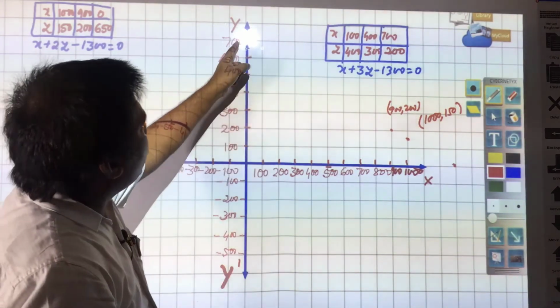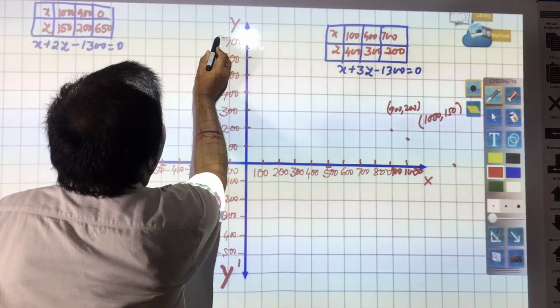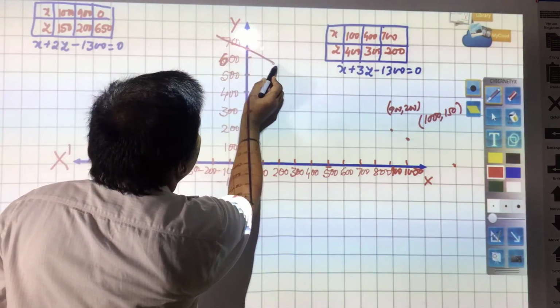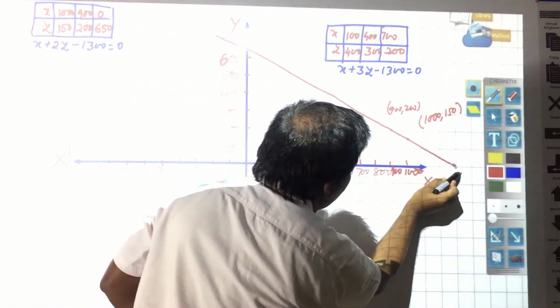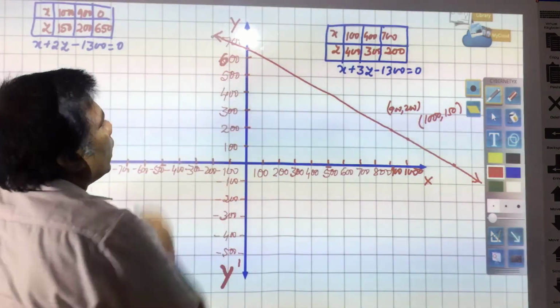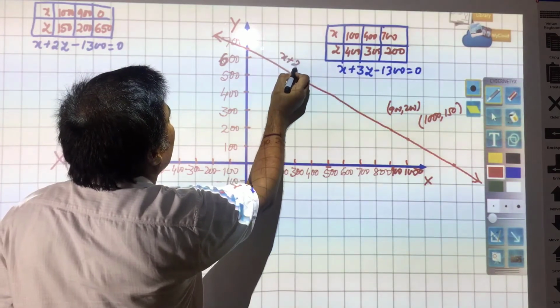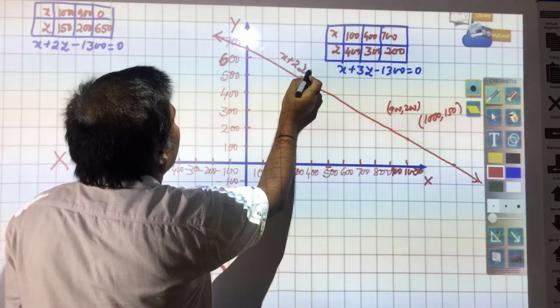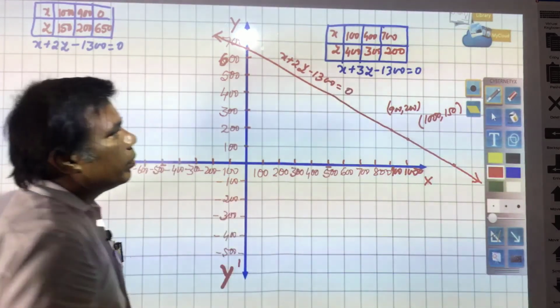Now, you need to join this line. Here you see, with the help of a ruler it is required to be joined like this, this line will go like this, and this is your x plus 2y minus 1300 is equal to 0.